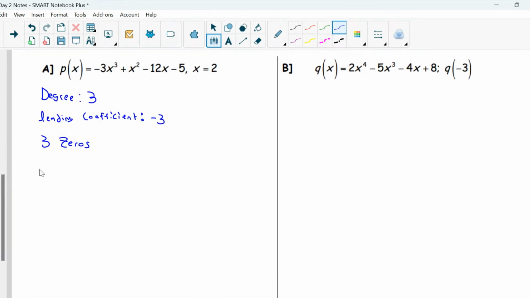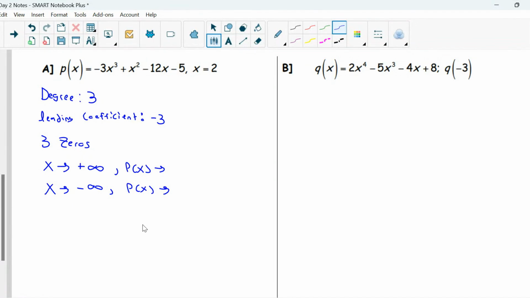So for the end behavior, you need to write as x approaches positive infinity, then my function, which is p of x, approaches blank, and we'll fill that in. You also need to have as x approaches negative infinity, p of x approaches blank.